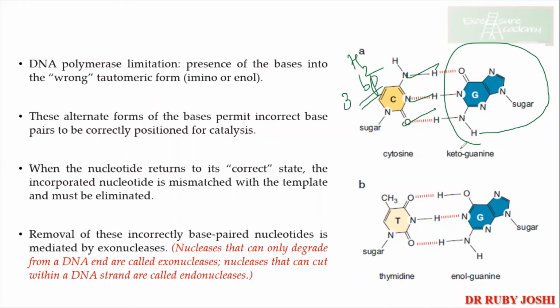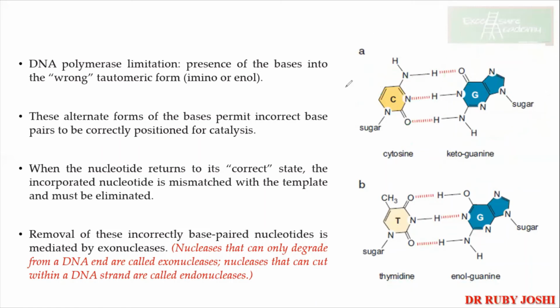Now, if instead of keto guanine you have enol guanine, what will happen? यहाँ पे double bond O के जगह you have got the OH. Okay, so again G की property क्या है? To form 3 hydrogen bonds. So instead of C, it is going to form 3 hydrogen bonds with T. Because of which, in the DNA, instead of having CG, I am going to have TG, which is wrong, right?